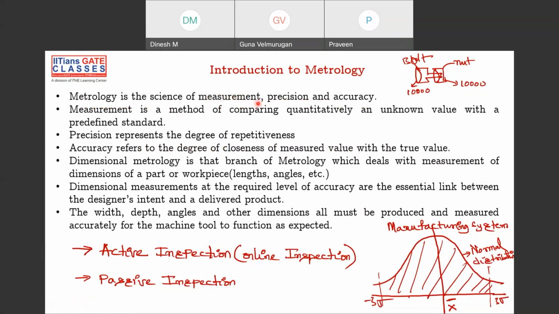It's very important. If you want to measure a linear length, then you have to have a scale. You have to have something like a vernier caliper for diametrical objects, cylindrical objects. If you want to measure the diameter of a cylindrical object, then obviously you will be able to measure it by using a screw gauge or vernier caliper.